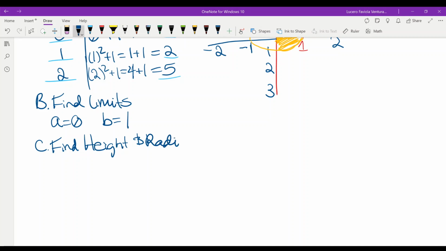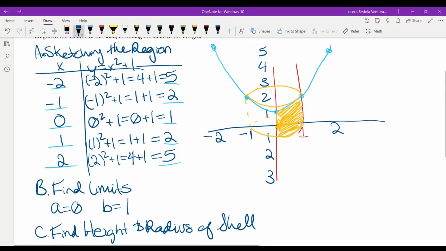So now we're at part C, finding the height and radius of our graph, or the shell, because we're using the shell method here. So h of x is equal to our function, because it's everything underneath our function, and that's our height. So everything underneath our function, from here and upwards, that's how our function goes.